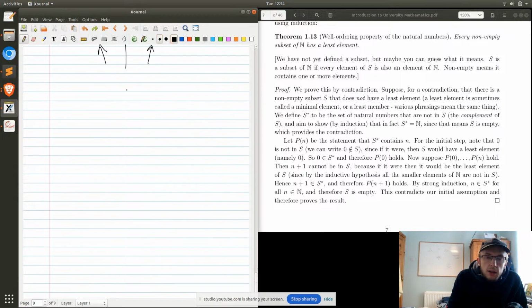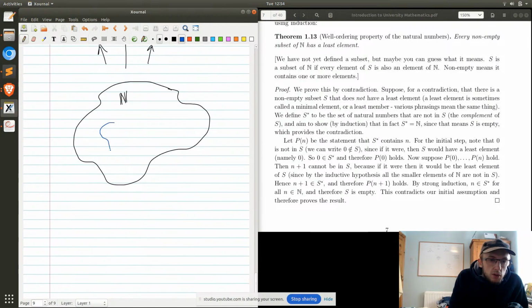Okay, so what does the well-ordering property say? Here's the natural numbers, and it says, if you find me a subset, call it S, then there is a super special natural number in there, which is the least one, as long as S is not empty.